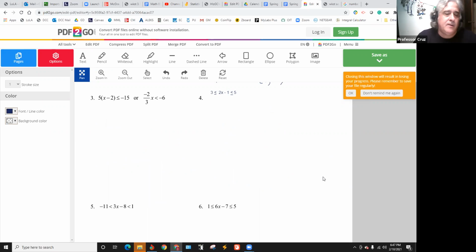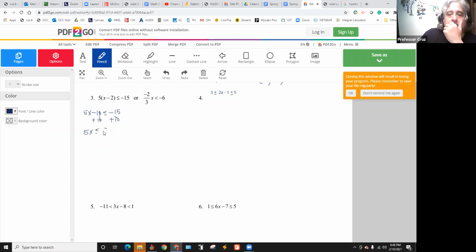So do this last one, and then we'll work on what I like to call the 3-part inequalities, which are essentially "and" statements. All right.